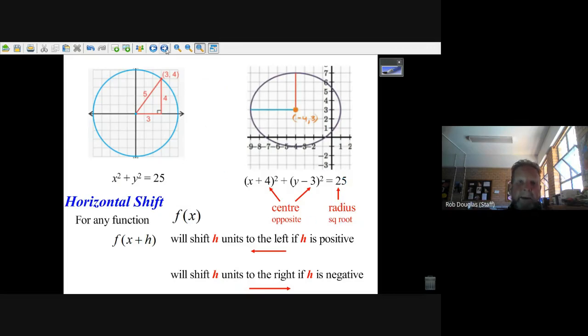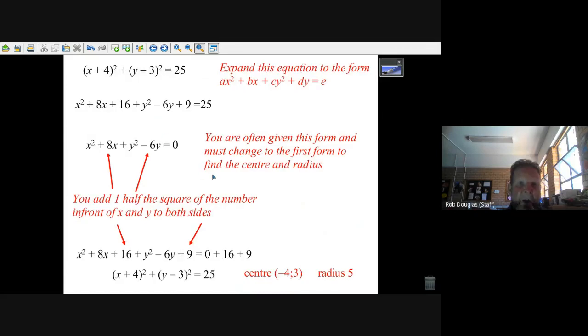Well, let's take a look at this here. If we had x plus 4 squared and y minus 3 squared equals 25, I want you to try something. If you go x plus 4 times x plus 4, you get x squared plus 8x plus 16. Do FOIL on it carefully. Make sure you see why that's true.